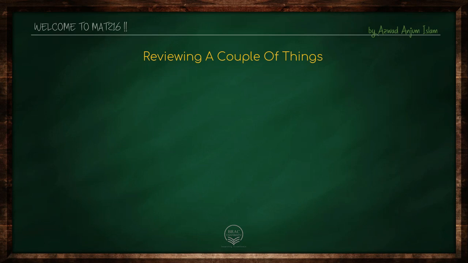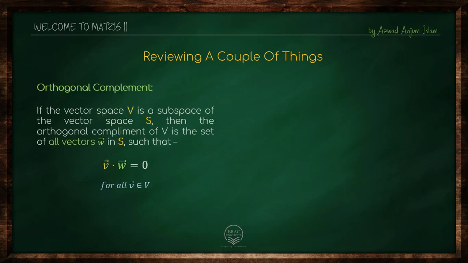And the first one of those is the concept of orthogonal complement. The definition goes like this. If we have a vector space V inside the space S, so V is a subspace of S, then the orthogonal complement of V is the set of all those vectors in S, such that V dot W is equal to 0.